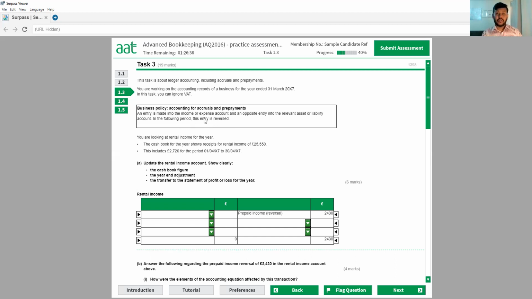Remember that any sort of reversal is on the first day, the beginning of the next year. For example, if something is an accrued expense for the year ending 31st of March 2017, then 1st of April 2017 will be the reversal date.